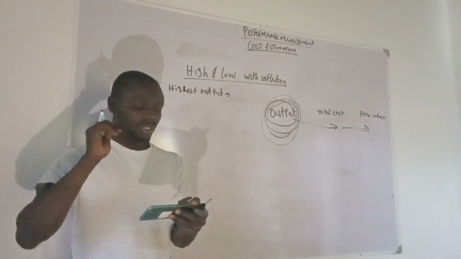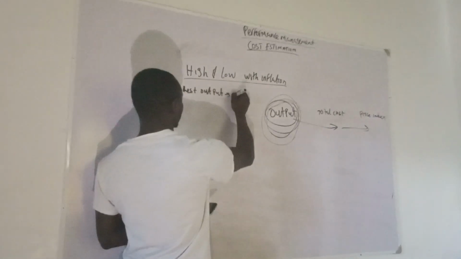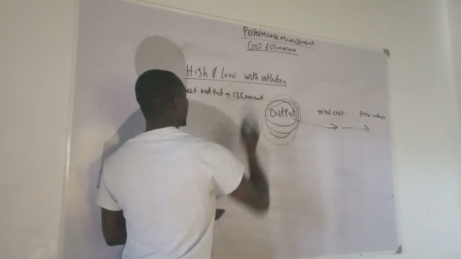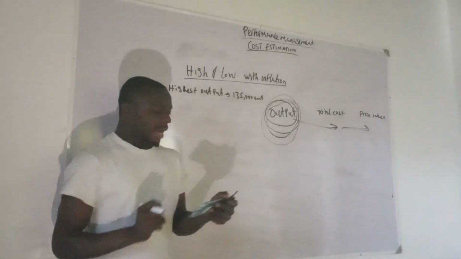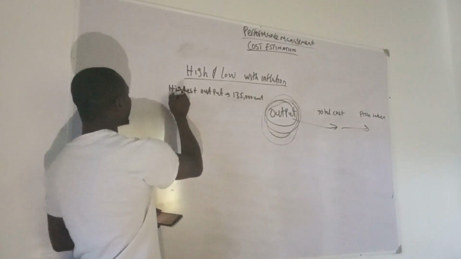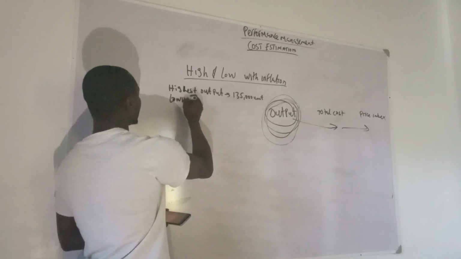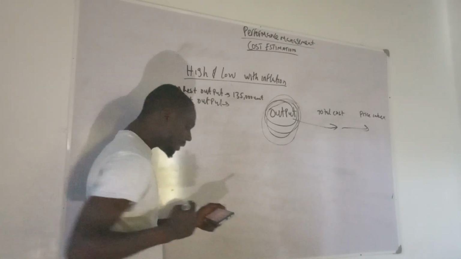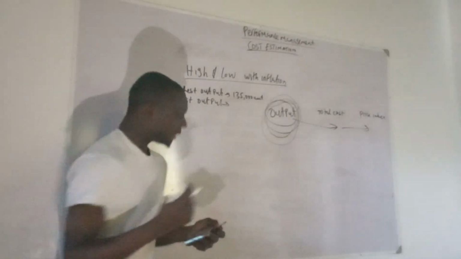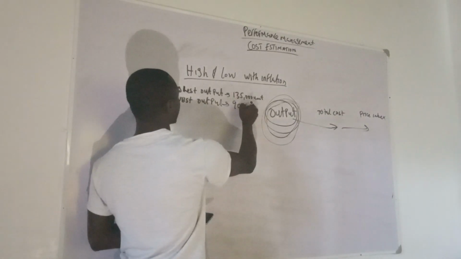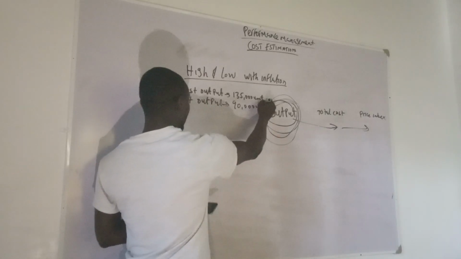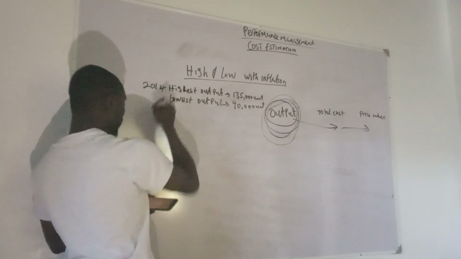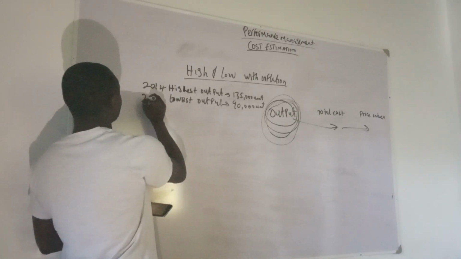The highest output is 135 units. Then identify the lowest output. What is the lowest output? 90,000 units. So this 135 is in 2014, while this is in 2015.